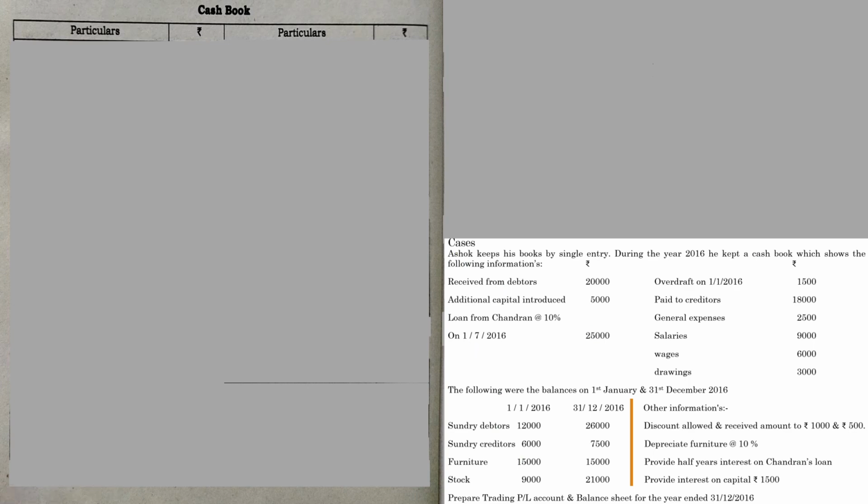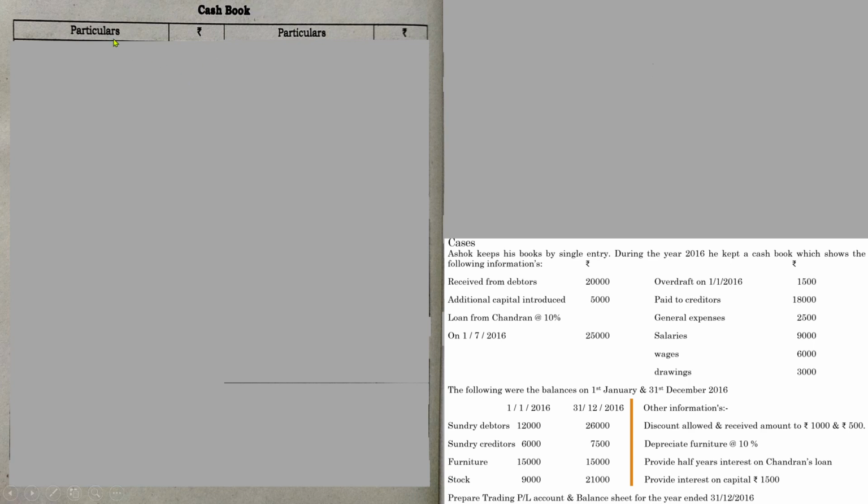It is the most important account. In almost all cases, you may begin with cash. There is no rule regarding where you should begin. You can begin with cash, debtors or creditors, whatever it is. That depends upon the nature of the question. Sometimes certain accounts have to be prepared first, which we will discuss during the practical cases. Anyway, there are no rules regarding which account has to be prepared first, so cash.